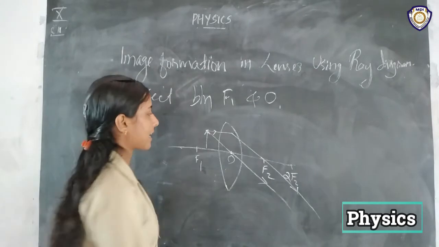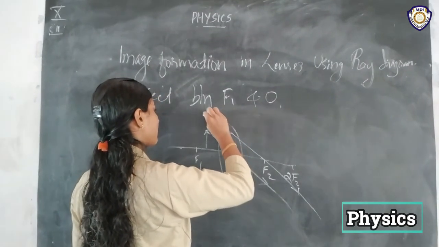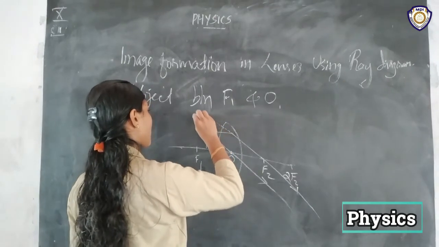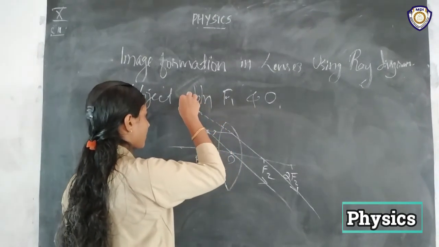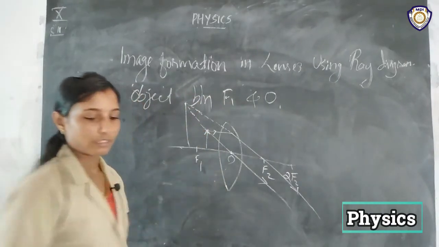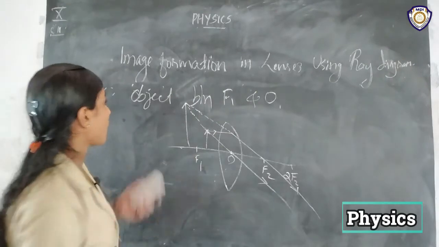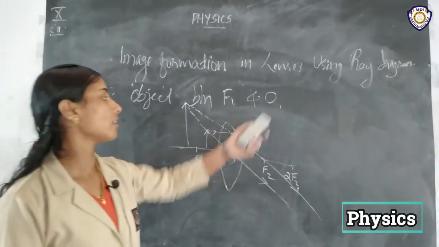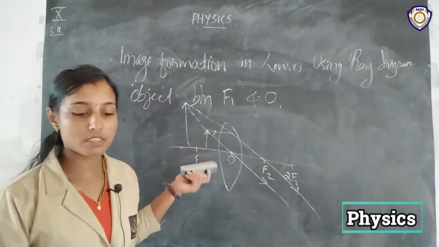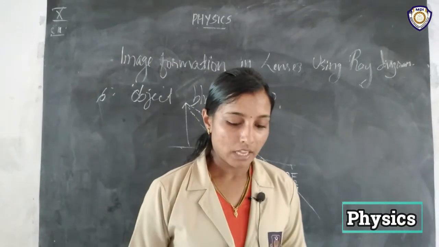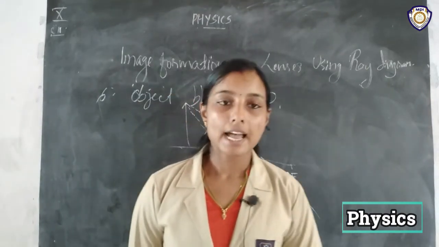So we can extend these two rays in the backward direction, and you can see they meet somewhere here. Okay, that means in the case of the object placed between F1 and O, the image formed will be a virtual and erect image.